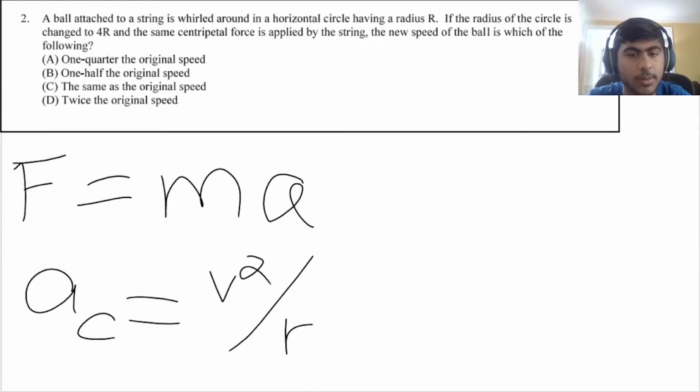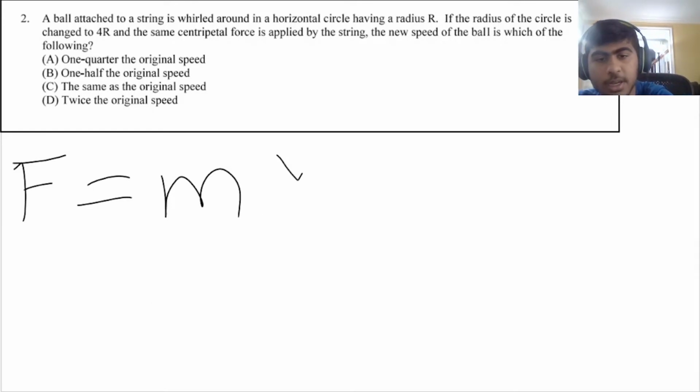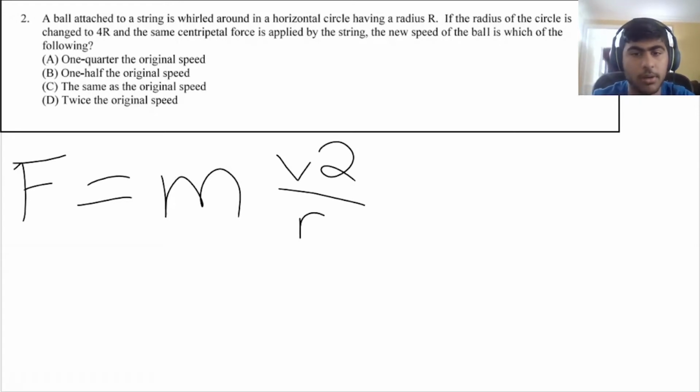All right, so let's think about what this means. If we plug in this a_c value into the force, then we get m times v squared over r. Now this gives us, let's say v_i, v initial squared over r times m equals the force.